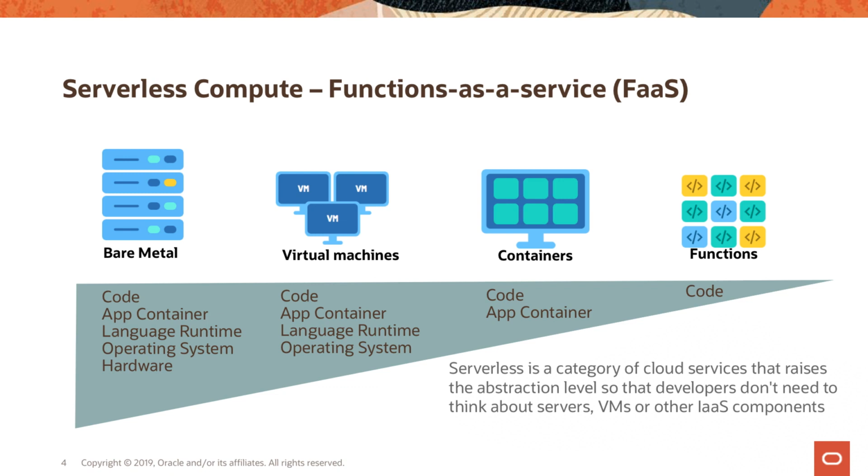You have to install the right runtime, let's say Java. You have to install all the application components, let's say Tomcat server, and then there is your code that you have to manage. And you pay for all of this setup to be running all the time, whether the actual code is being executed or not, whether you have an incoming request or not. You have to be up and running, waiting for those requests to come in.